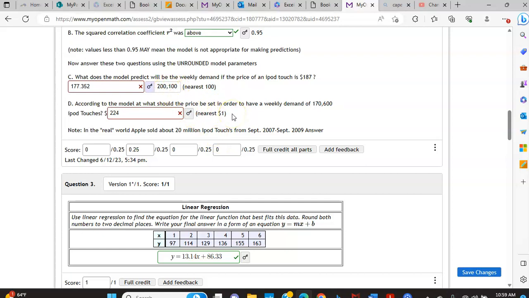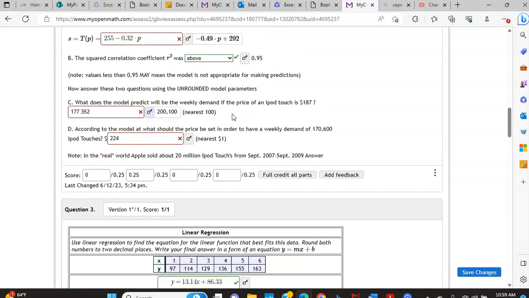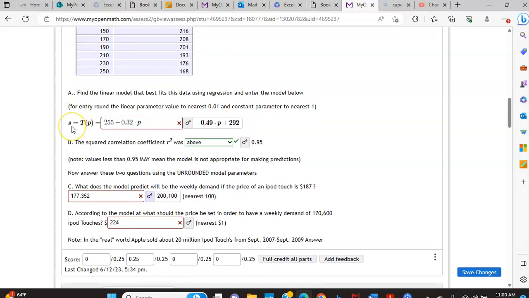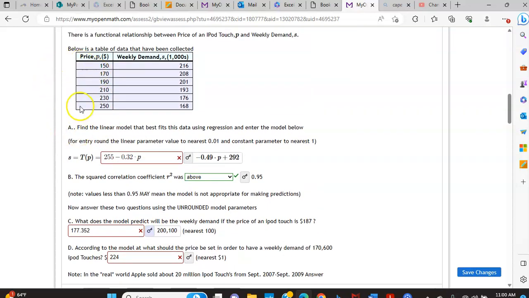Okay, according to the model, at what price should be set in order to have a weekly demand of 170,600 iPad Touches? Now, let's notice that that's the demand, so that is going to go under S. Since our weekly demand is in the hundreds of thousands, I think that's probably why they had that 100 there earlier.